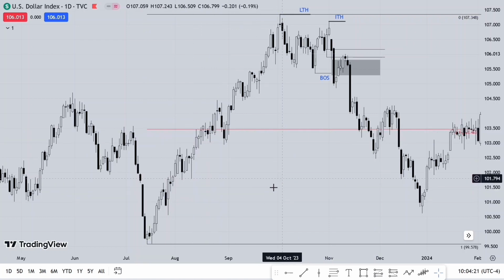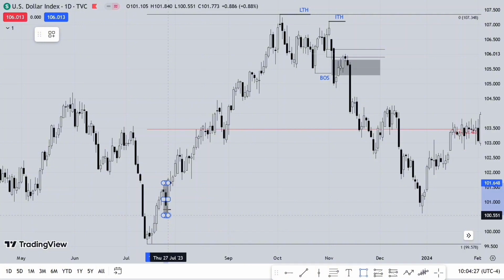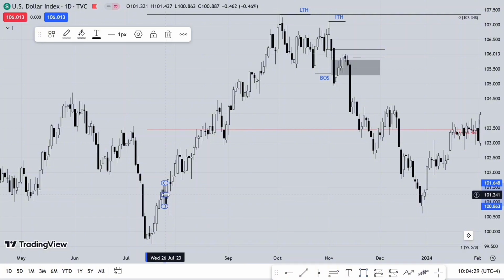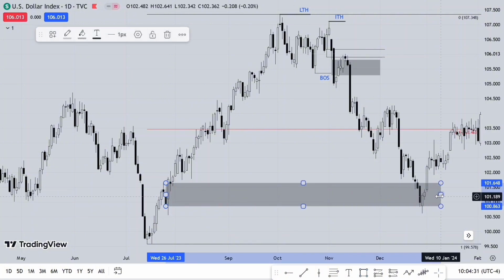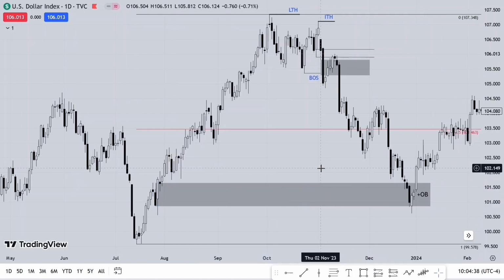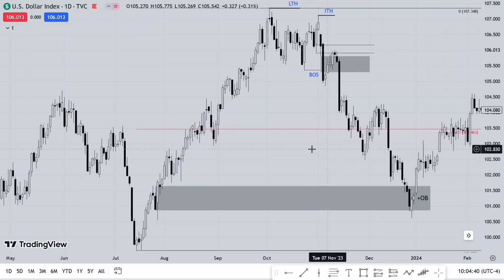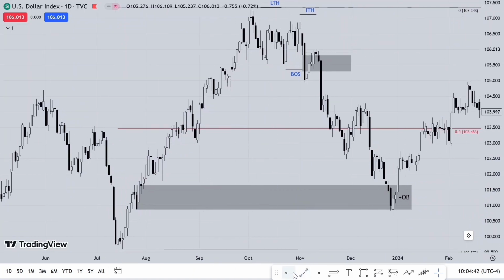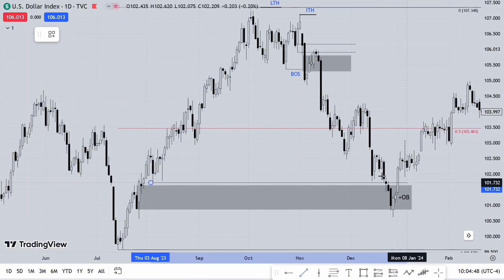PDRAs, for discount PDRAs. Here we have this bullish order block as a discount array. We also have these relative equal lows, which are resting above the bullish order block.